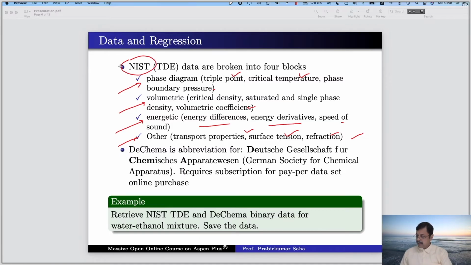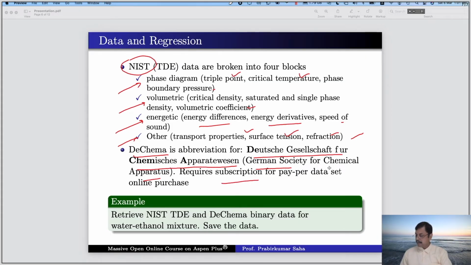Similarly, there is another database which is called DECHEMA, an abbreviation for a German term which loosely translates into English as German Society for Chemical Apparatus. So it also has a lot of data, but the problem is it requires a subscription.